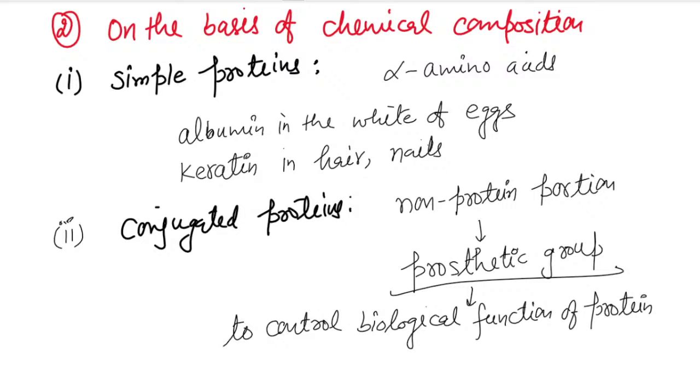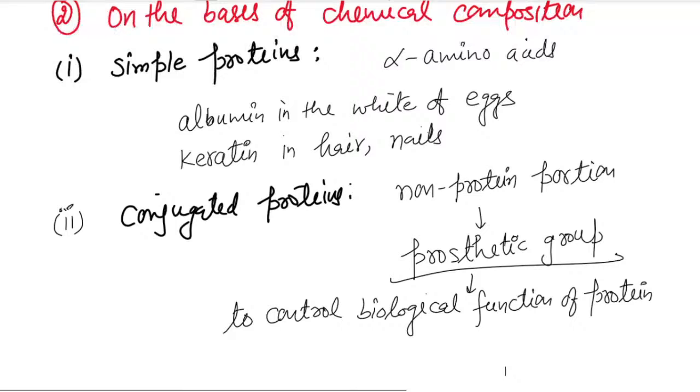nucleic acids. So nucleoprotein contains nucleic acid as the prosthetic group. Lipoproteins contain lipids. Phosphoproteins contain phosphoric acid residue. So depending upon the prosthetic group, different names are given to the proteins. Like I said, nucleoprotein. Tell me, in nucleoprotein, what is the prosthetic group? Just write. I have told you just now.